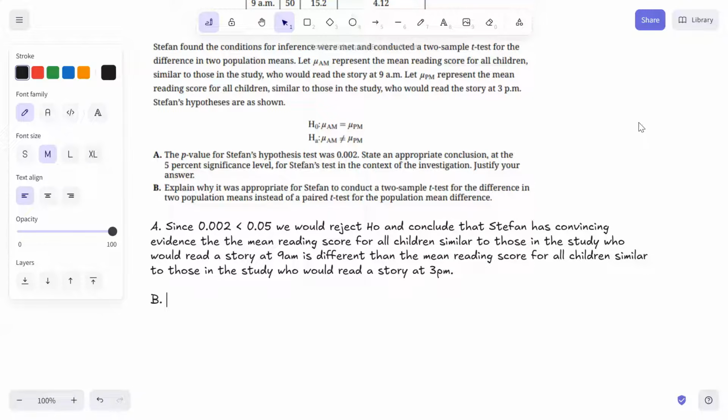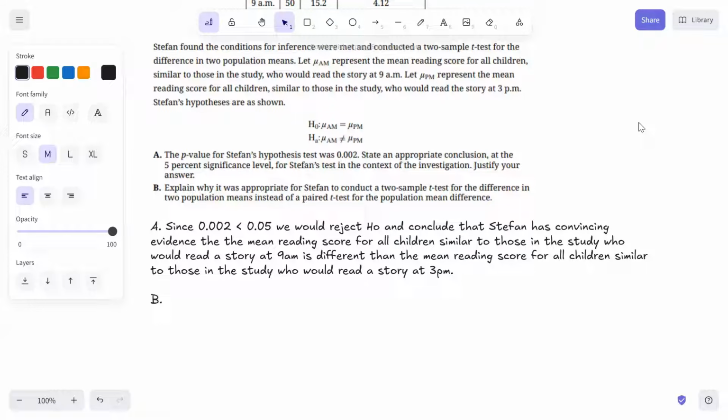In part B, we had to explain why it was appropriate for Stephan to conduct a two-sample t-test for the difference in two population means instead of a paired t-test for population mean difference. The important thing is to understand that the reading comprehension scores in this study came from two independent groups that were created using random assignment.